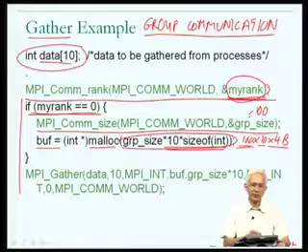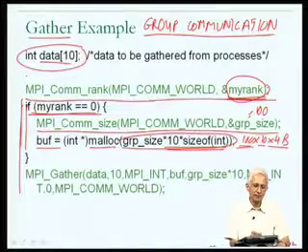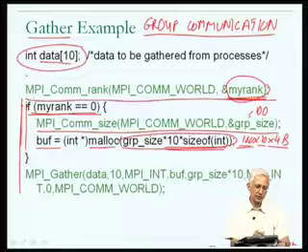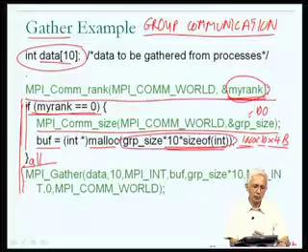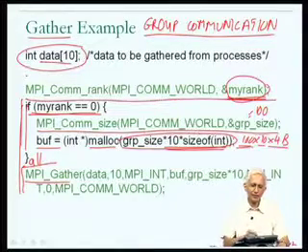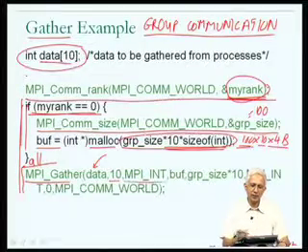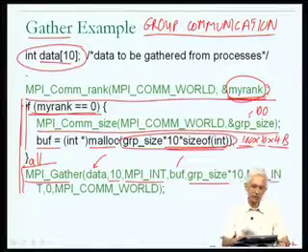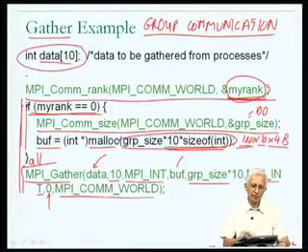So once the buffer has been allocated, the root process along with all the other processes, so note that what follows is going to be executed by all the processes in the parallel program, all of them execute MPI gather, in which they specify that the data in their local variable called data, which includes 10 integers, is supposed to be gathered into a buffer, and the size of the buffer is group size multiplied by 10 integers, which is present in the process with rank 0 of the MPI communicator world.